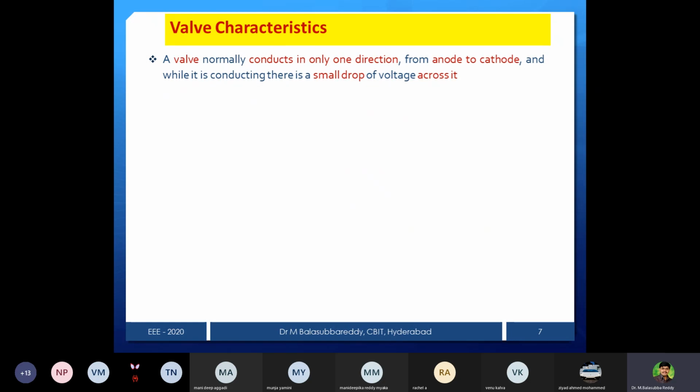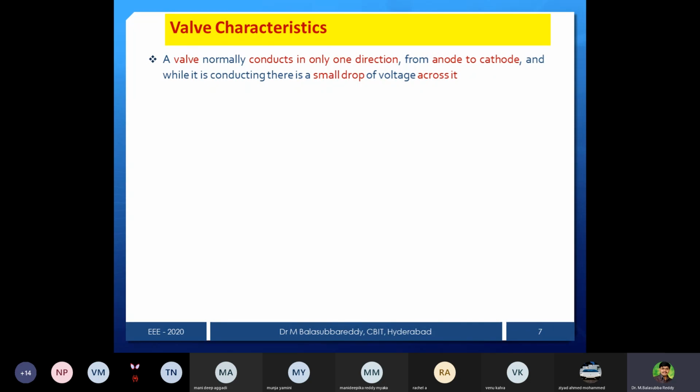And a valve normally conducts in only one direction. In the case of a thyristor, the valve conducts from anode to cathode only, because this is a unidirectional device. That is the reason I mentioned only one direction, that is, anode to cathode.